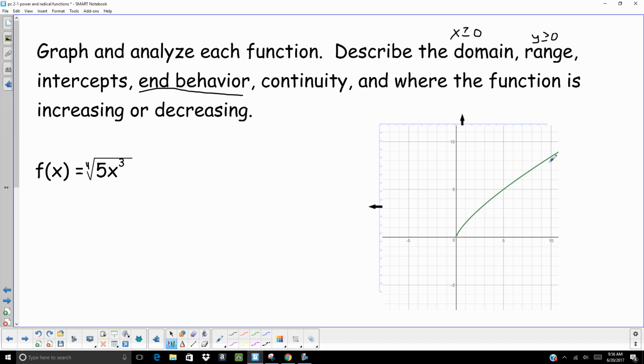Continuity, there are no points of discontinuity in this graph. And there's no places where it's decreasing, it's only increasing. Think of that as it has a positive slope, and it's increasing at x is greater than or equal to 0.